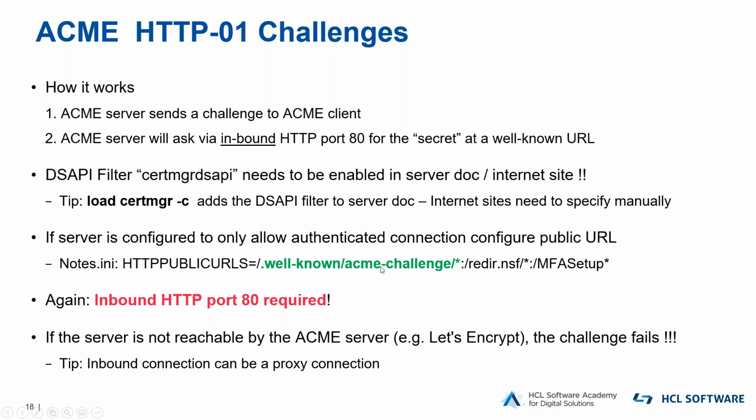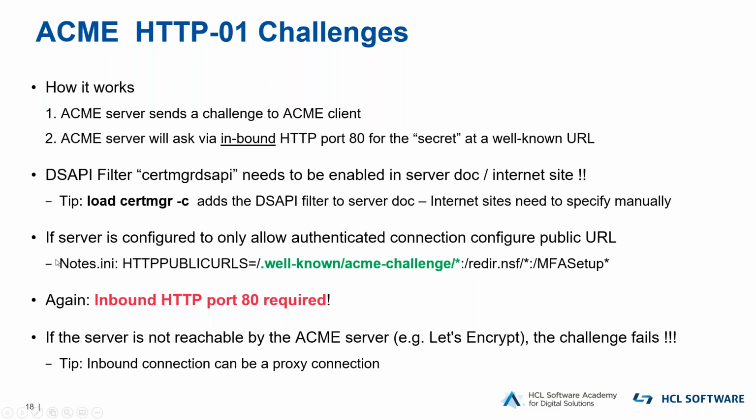And this is really the requirement. If you have a load balancer in front and you only want to filter certain requests, or if you make the server not available for public requests and only authenticated, you put in HTTP public URLs, and you extend that with well-known ACME challenge /star.